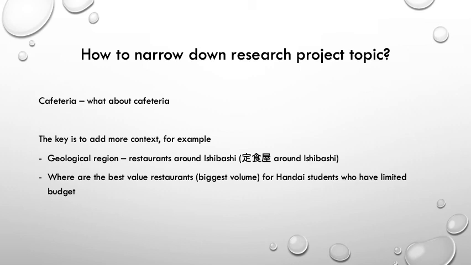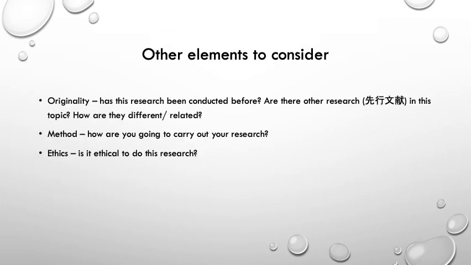For example, adding a geographical location, okay, to investigate restaurants around Ishibashi Station, okay, so that it's close to the school, okay, or to add some other elements, okay, where are the best value restaurants, biggest volume, highest calorie for students who have limited budget.